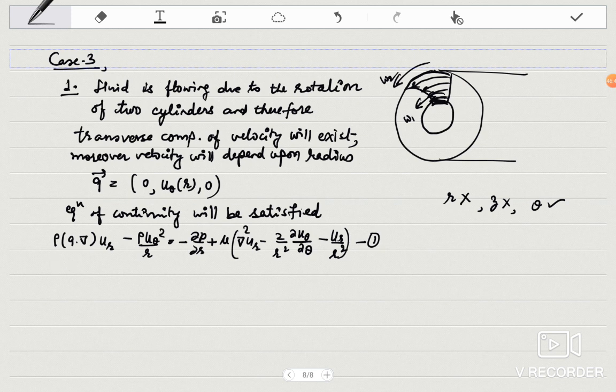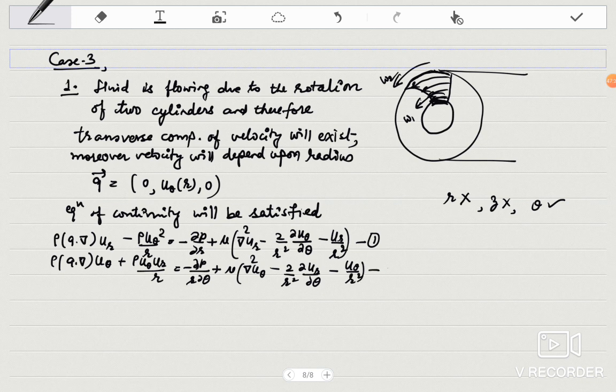Then rho q dot delta u theta plus rho ur u theta upon r equals minus 1 upon r delta p delta theta, plus mu delta 2 u theta plus 2 upon r square delta ur delta theta, and then minus u theta upon r square.